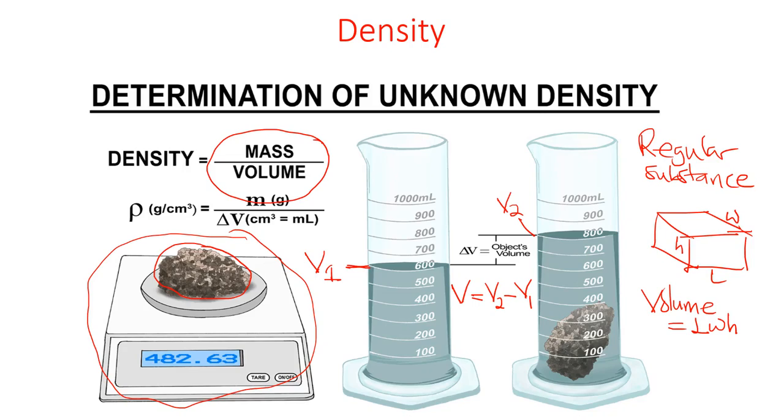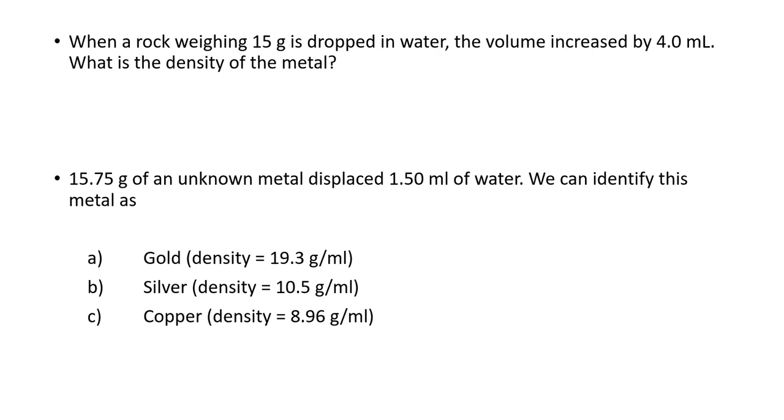Let's look at an example. So we have a rock weighing 15 grams. We drop this rock in water and we see an increase in volume by 4 milliliters. So what is the density of this metal?